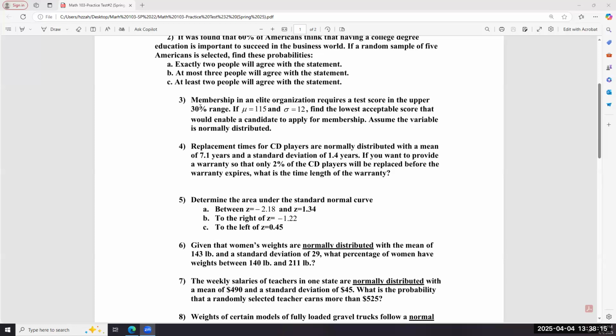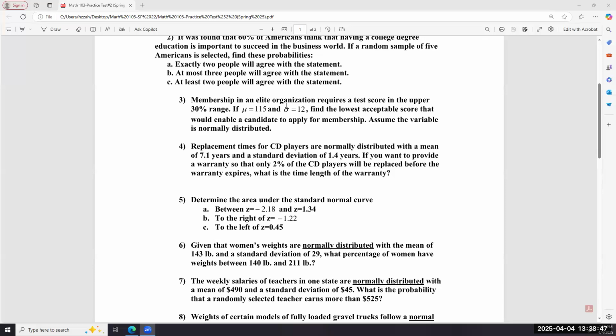In number 3, there is a condition on the score to be higher. If you want to be a member of this elite organization, you are required to test in the upper 30% range. We know that X is the score and X is normally distributed, so it's a normal situation with a mu of 115 and a sigma of 12.